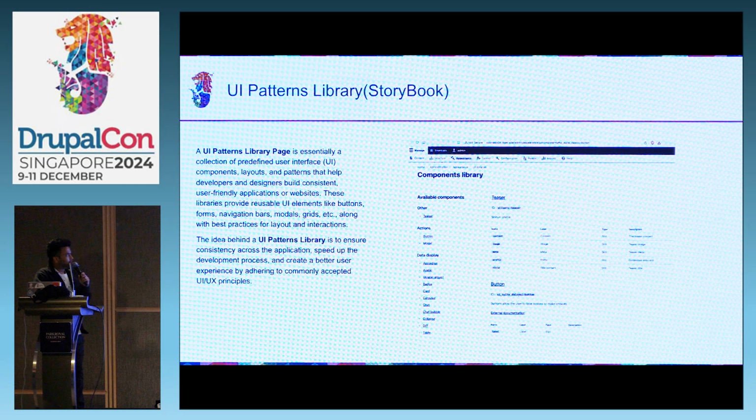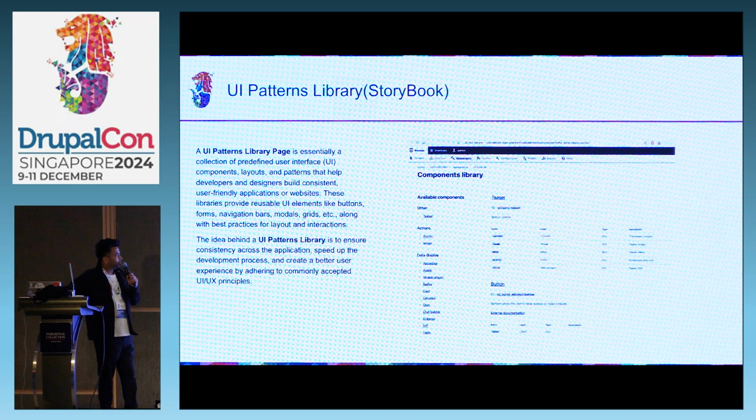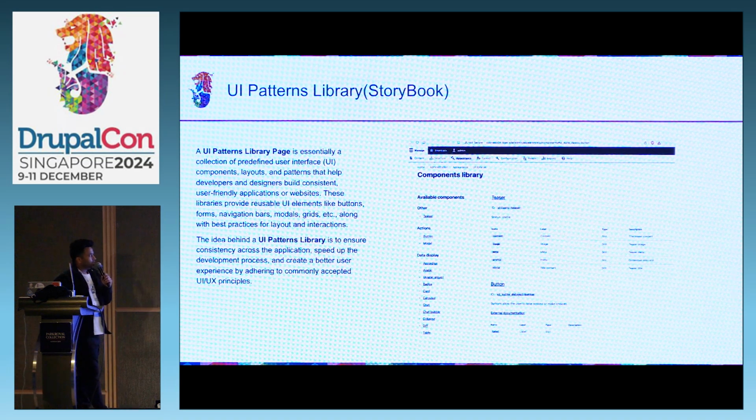So this is a Storybook, which in Drupal we call the UI Patterns library. It ships with all the component documentation, right? In Storybook also a similar thing happens. You create all the components and what all properties they have and all the documentation related to it.